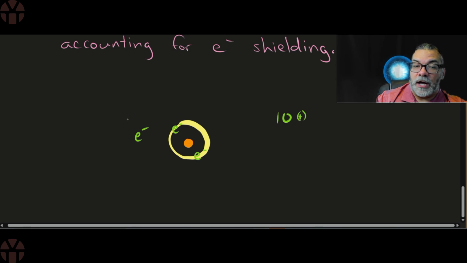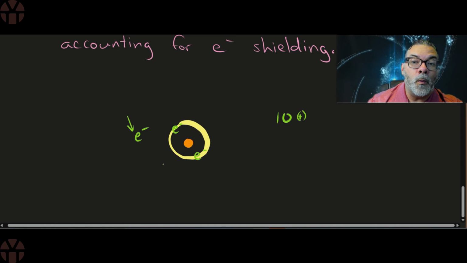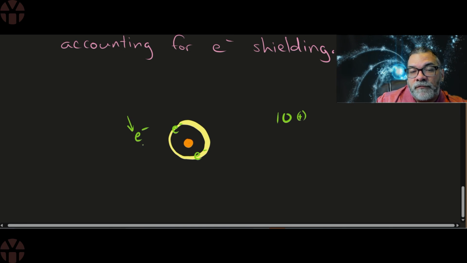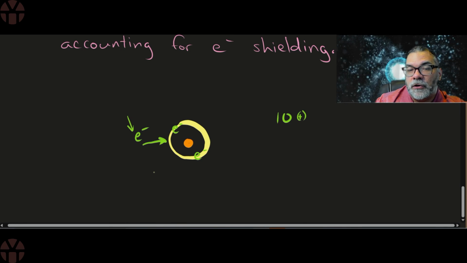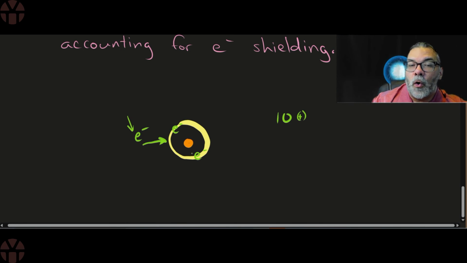Now notice what happens. This electron that's way out here is no longer experiencing the full attraction of the nucleus. Why not? Because every time it gets pulled in by the nucleus, the core electrons, the electrons between this outermost electron and the nucleus, are going to repel it.